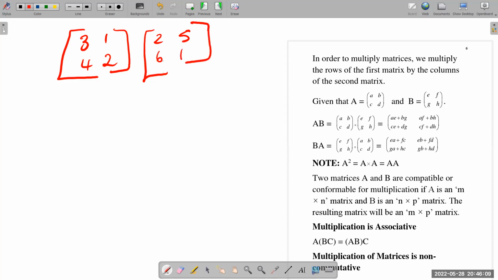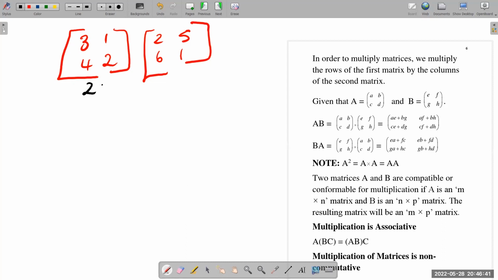Can these two be multiplied? Yes or no? Everybody, can these two matrices be multiplied? Because to be honest, those are the types of questions I'm going to be asking. I'm going to be asking you rules to see if you remember the rules, because those are the most important stuff. How do we know if two matrices could be multiplied?